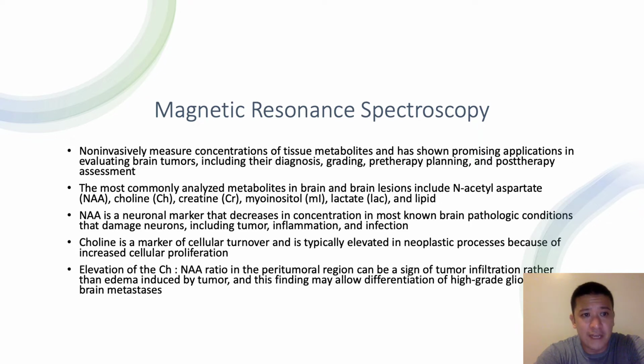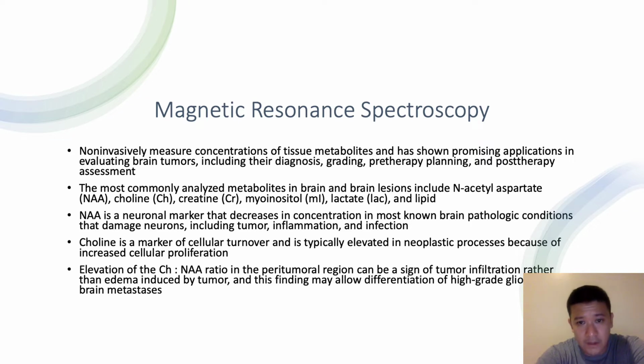The most commonly analyzed metabolites in brain and brain lesions include N-acetyl aspartate, choline, creatine, myoinositol, and lactate and lipid. NAA, or N-acetyl aspartate, is a neuronal marker that decreases in concentration in most known brain pathologic conditions that damage neurons, including tumors, inflammation, and infection.